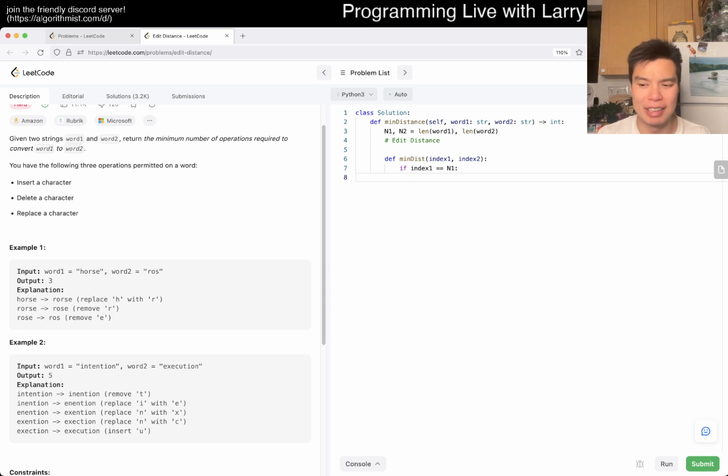So that means you can't really do anything other than delete them. So that's basically what we're going to do, right? So we return n2 minus index 2. Is that right? Yeah, I'm just double checking because it's very easy to do off by ones on things like this. At least I feel like I make a lot of off by ones as a result.